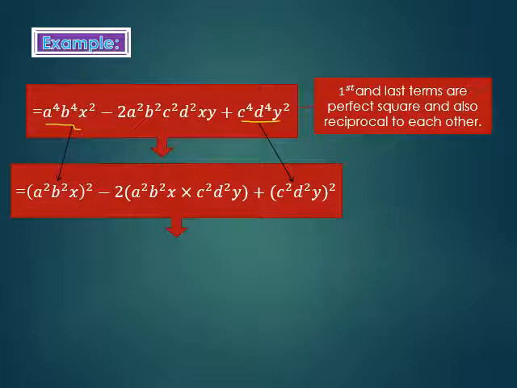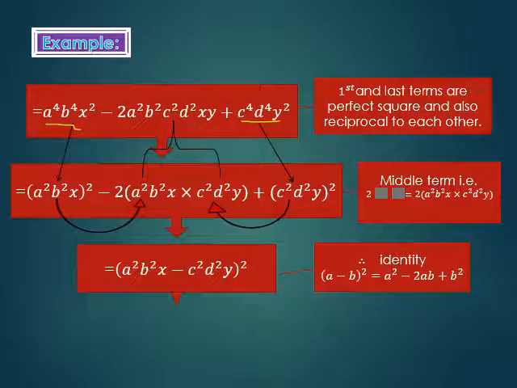It is the perfect square of c square d square y whole square. And the middle term is 2 times the first term a square b square x into the last term, that is c square d square y. By taking its product, we get 2a square b square c square d square xy. You can do this by yourself also.